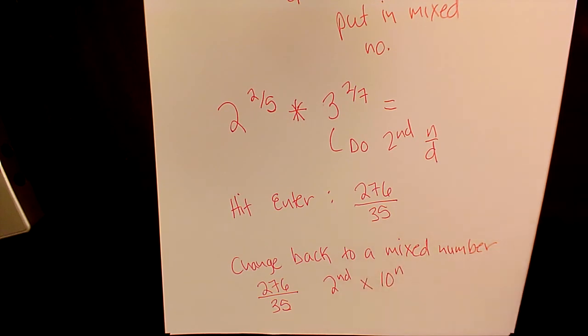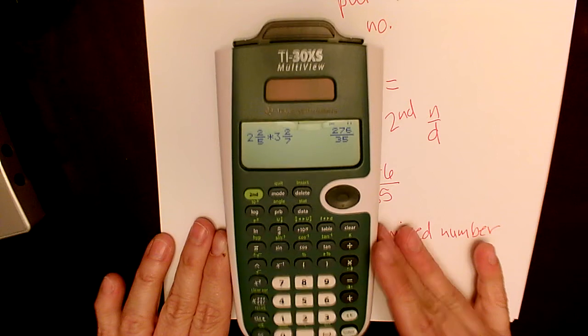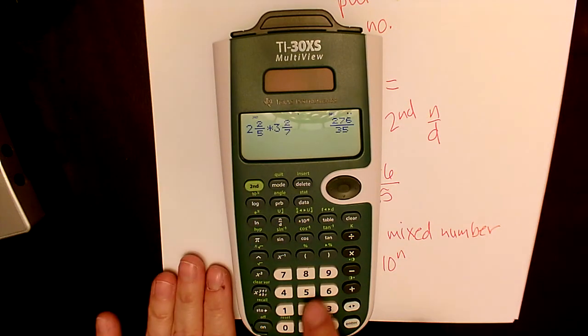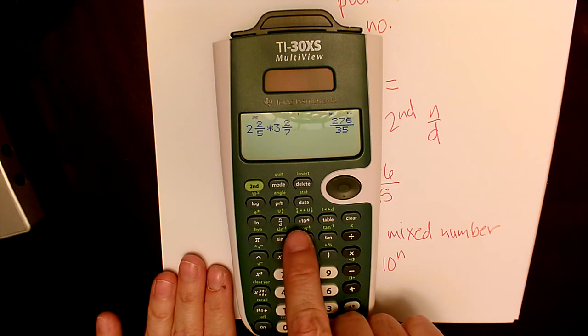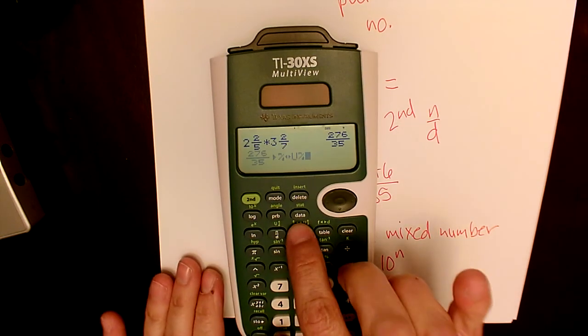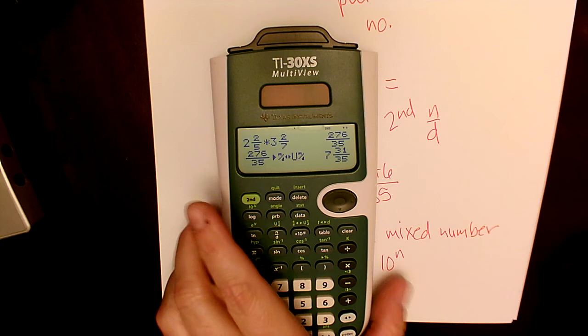So let's try that. Second x10n, which is right next door to n over d. Okay, some crazy looking thing is going to come up. You just need to hit enter. And there is my mixed number, and that's my final answer, 7 and 31 over 35.